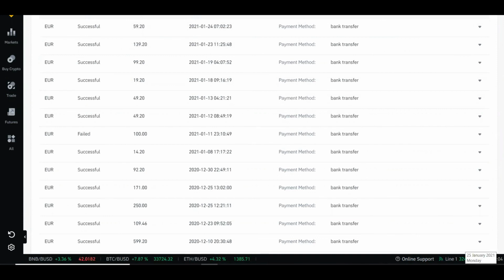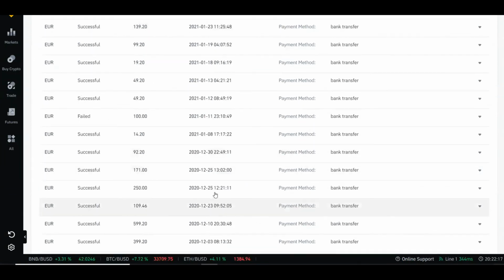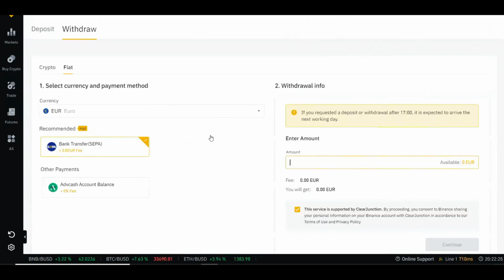And we are on the 25th. The other one I did was 139 on the 23rd. I'm not always doing withdrawals; for example, from the 1st of January till the 7th, I didn't make a withdrawal.